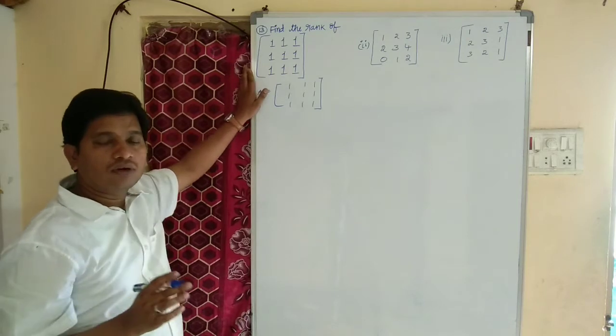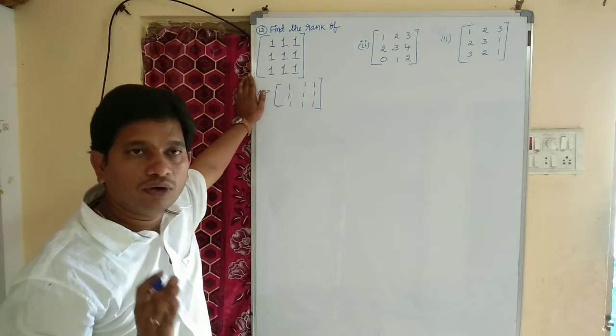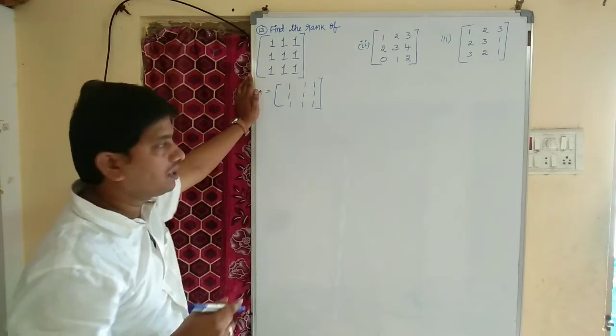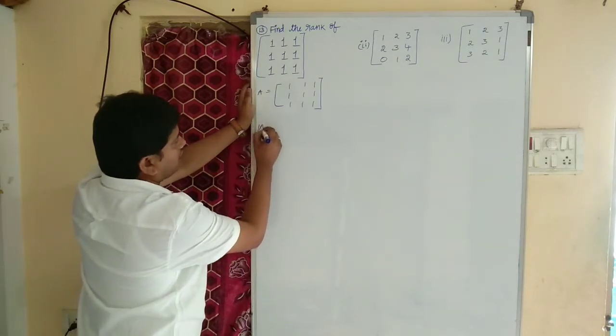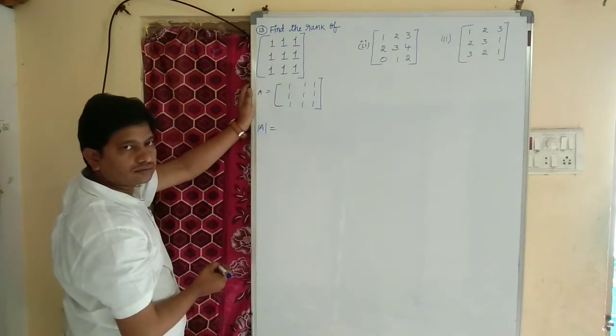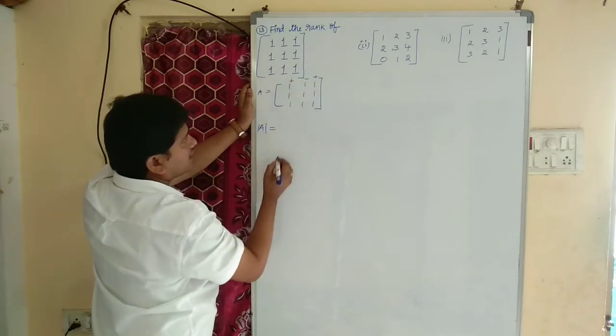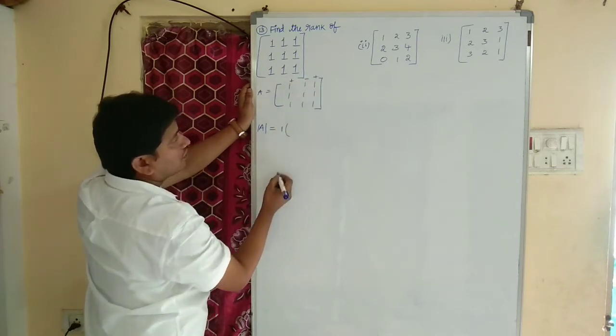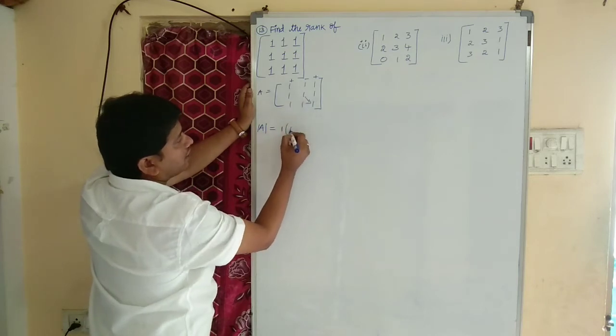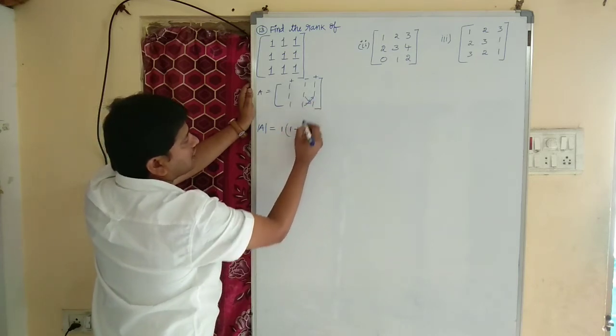So first of all, what to do? We need to find the determinant of A, I mean det A. We have to find det A. Right? So plus, minus, plus: 1 into (1 into 1 minus 1 into 1).